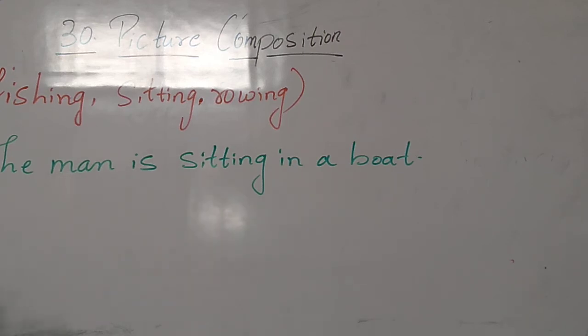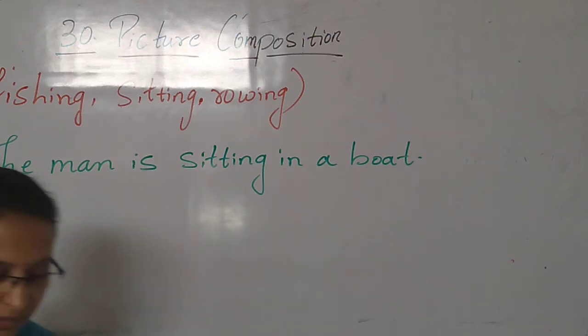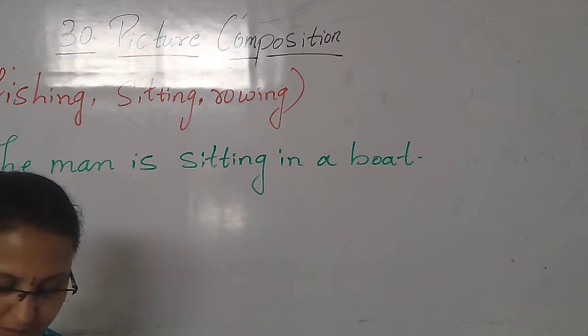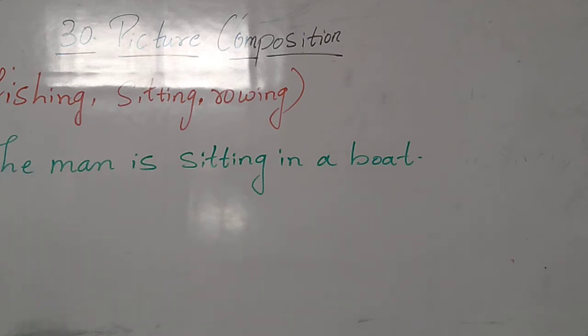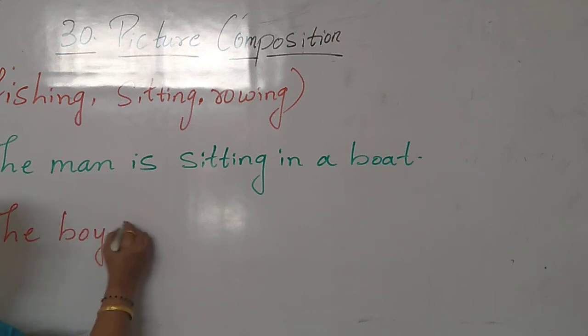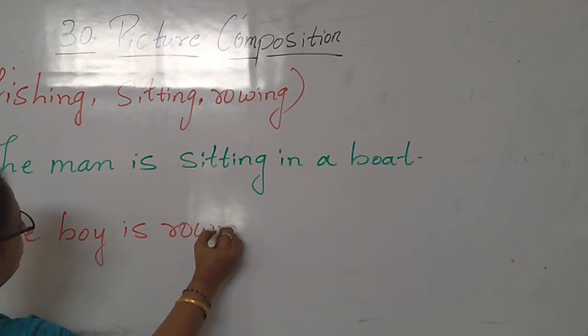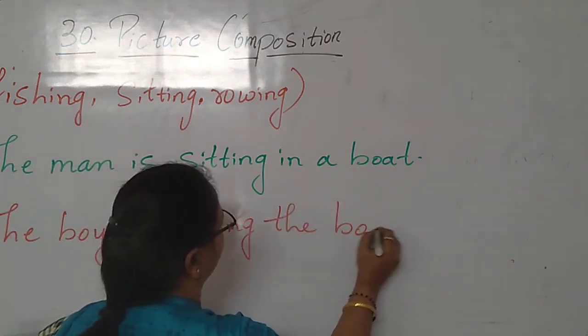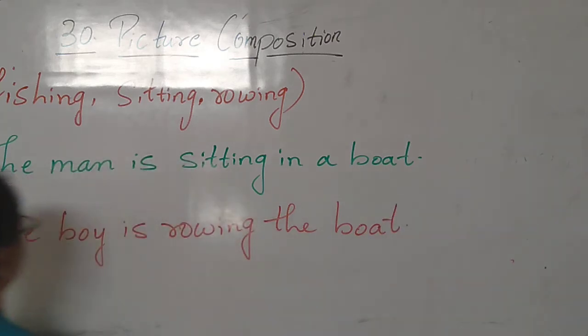Then second one. The ships are sailing in the water. The ships. The boy is rowing the boat. First we'll write this. The boy is rowing the boat. Then third one.